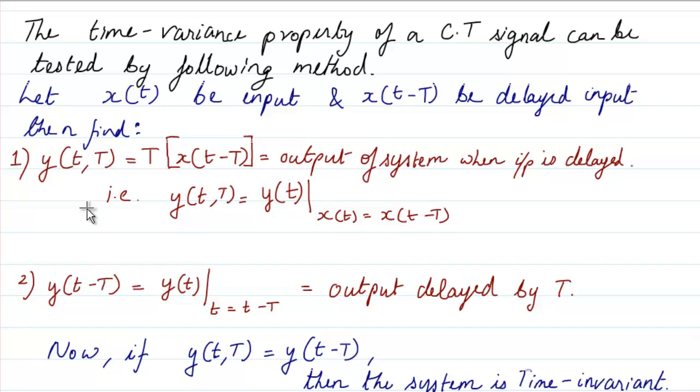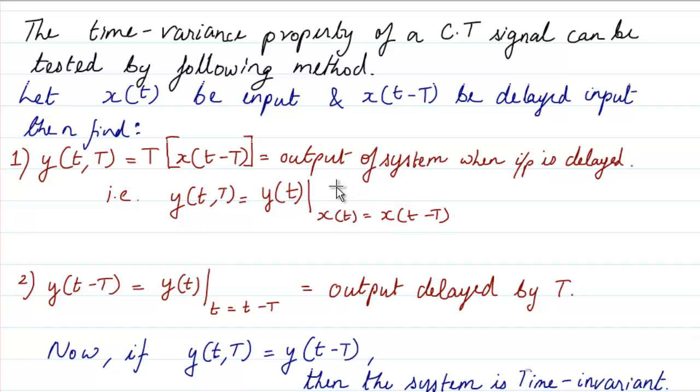The difference between these two is, in the first case, y of t comma T is the transform of the input signal which is delayed in time. So here the input is delayed in time and you are trying to find out what is the output. So you say that it is the output of the system when the input is delayed.